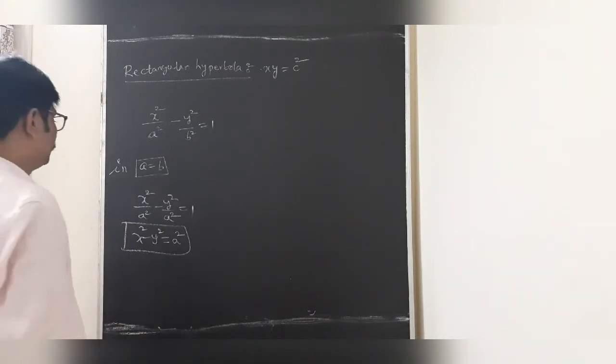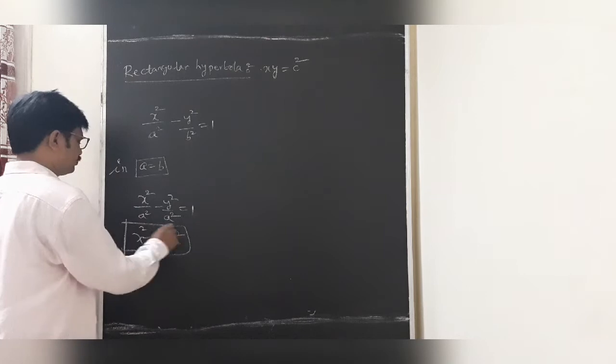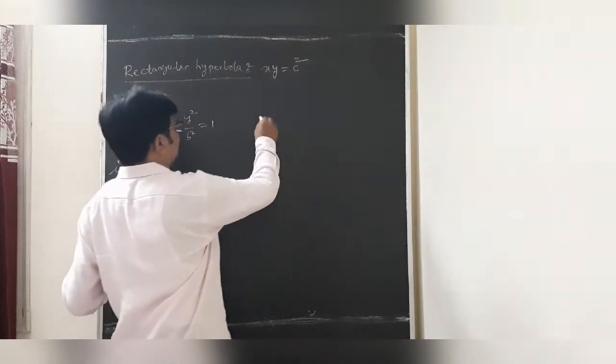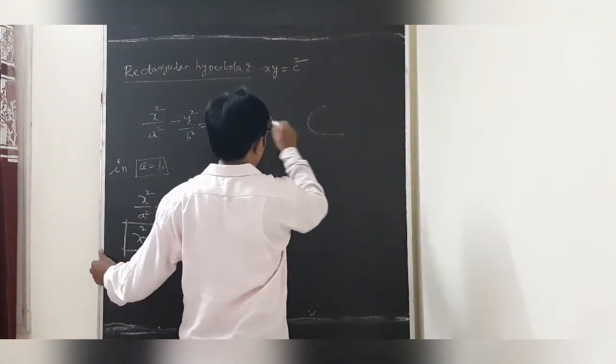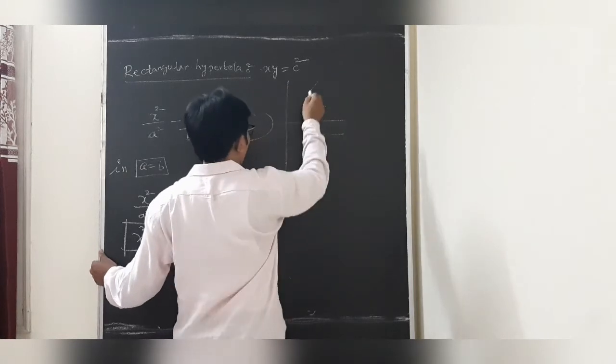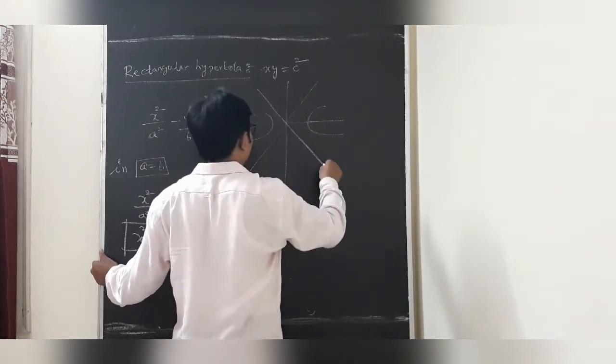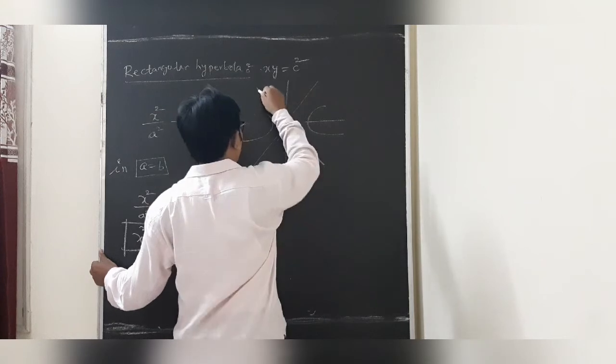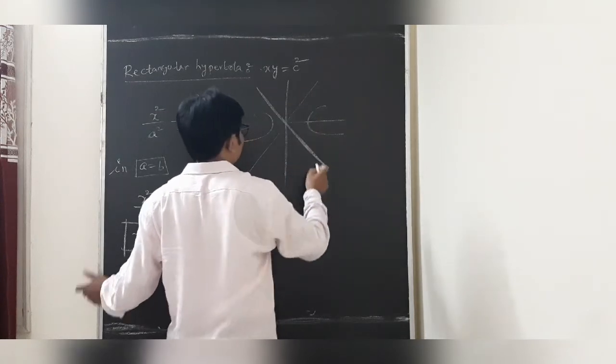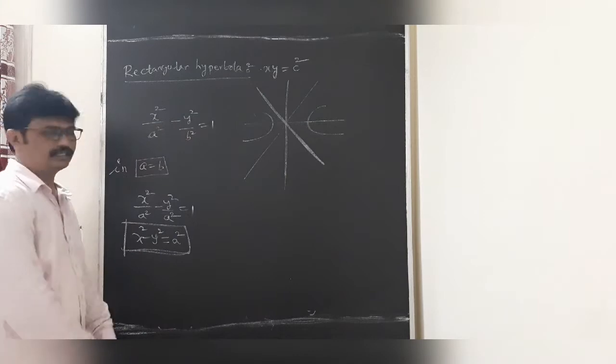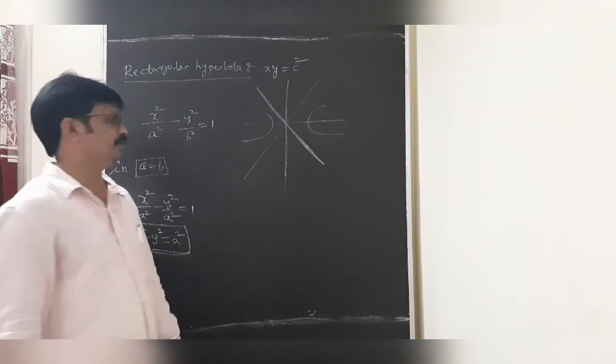Now students, for this equation x square minus y square, when we rotate, the coordinate axes are rotated through an angle of 45 degrees.